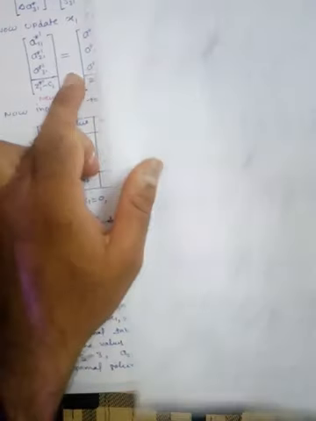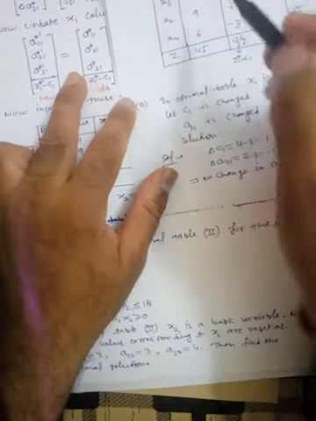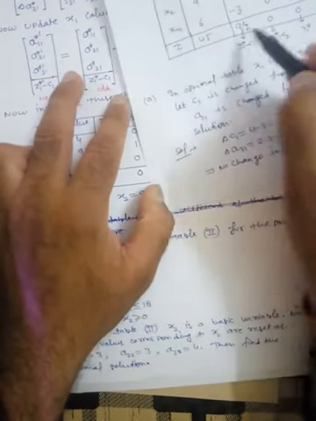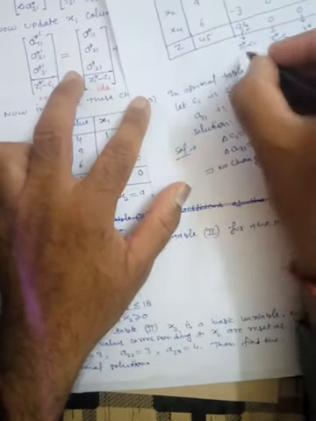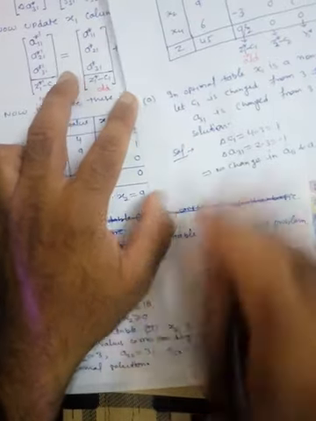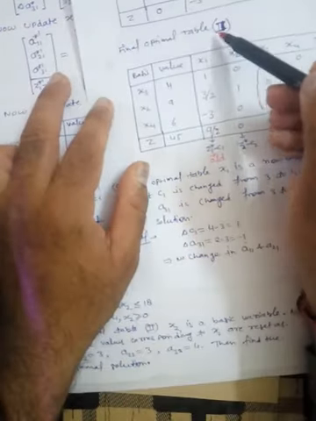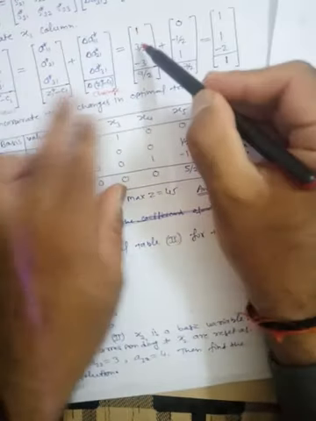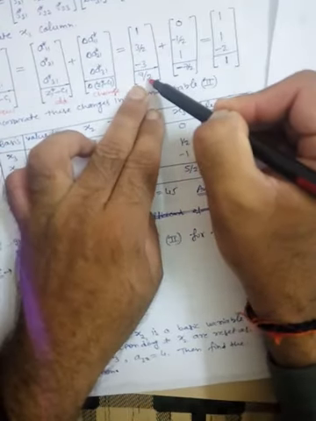According to the table, the old column is 1, 3 by 2, minus 3 and 9 by 2. In table number 2, this is the old, so that's why it is written here: 1, 3 by 2, minus 3, 9 by 2.